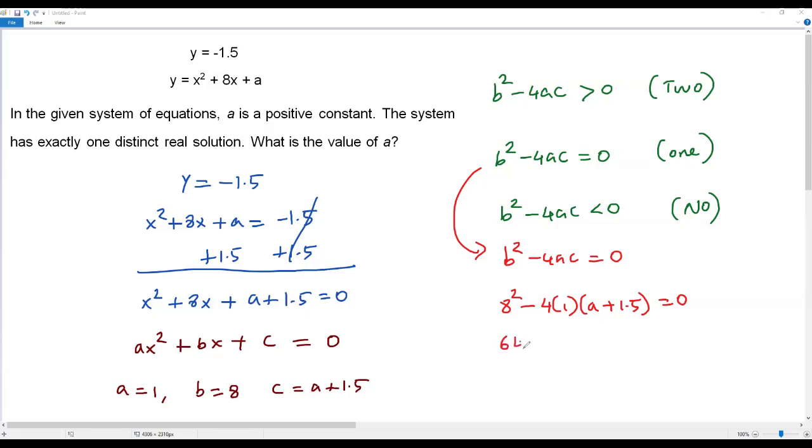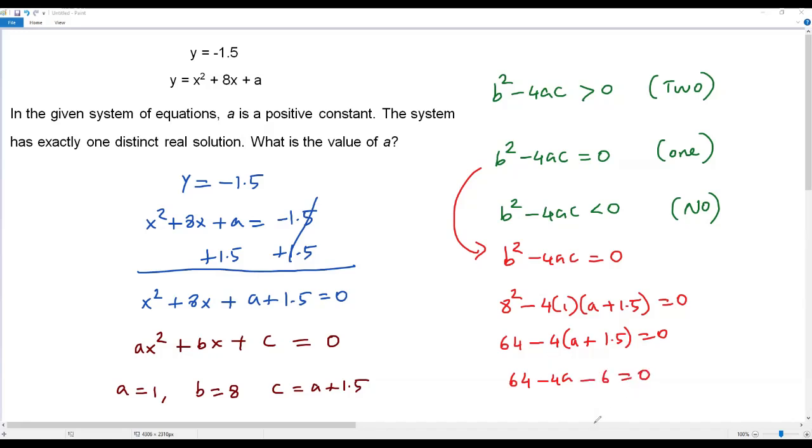8 square is 64, minus 4 times 1 times A plus 1.5 equals 0. We distribute the negative 4 to A, getting negative 4A, and to 1.5, getting negative 6.